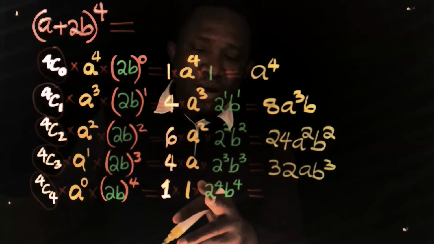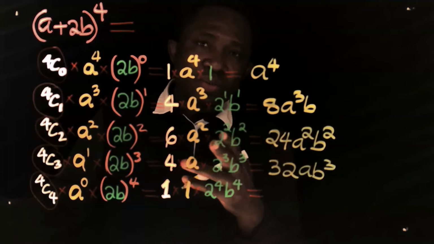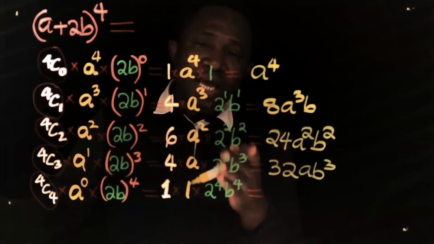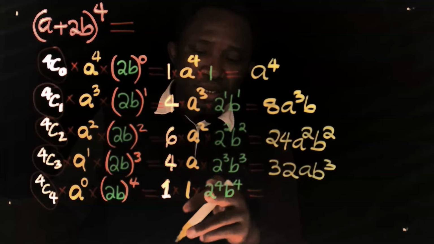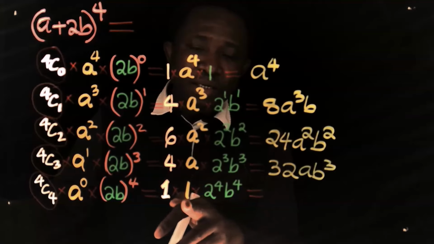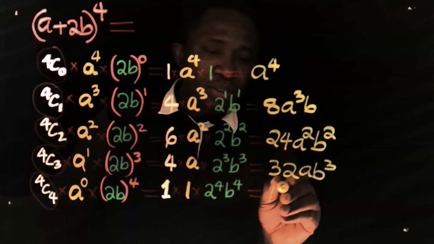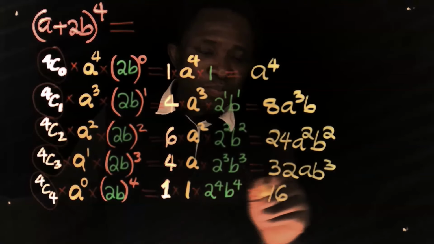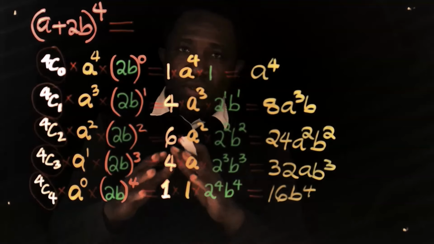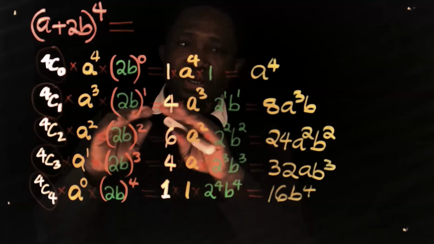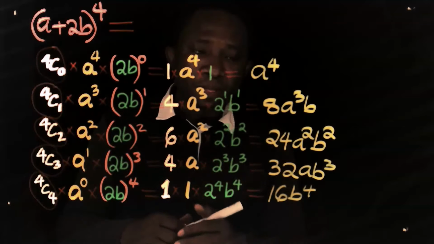Next, we have 2 to the power of 4, which is 2 times 2 is 4, times 2 is 8, and times 2 will give you 16. 16 multiplied by 1 is 16, and 16 multiplied by 1 will return 16. And this is b to the power of 4. Now we have found the answers to each of these terms.